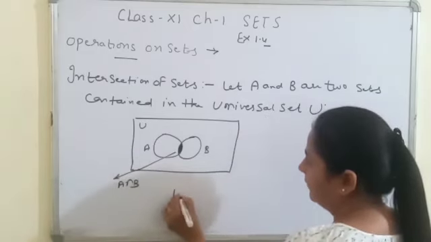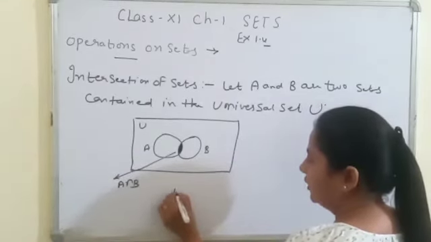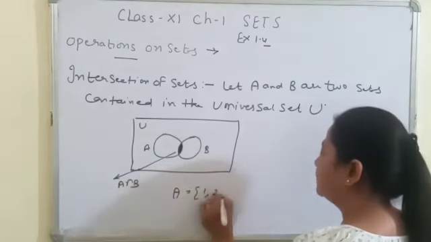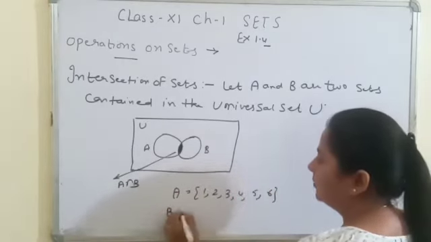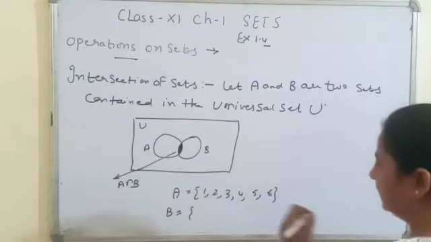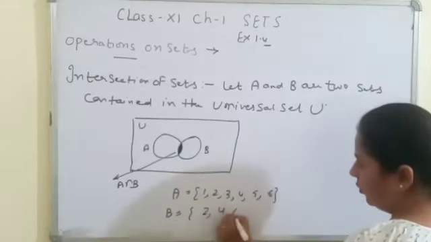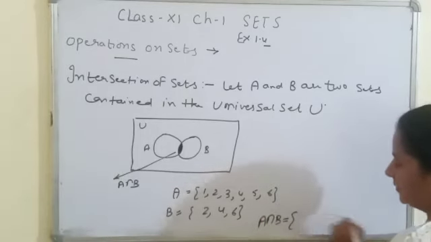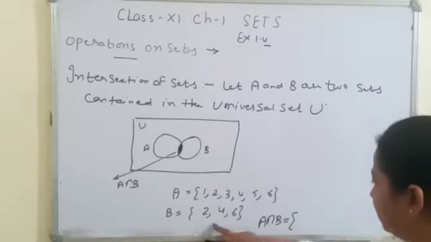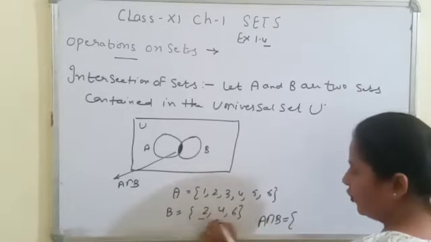Let's take one example. We have a set A: 1, 2, 3, 4, 5, 6, and set B has the elements 2, 4, 6. Now find the intersection of A and B. Which elements are common? 2, 4, 6.